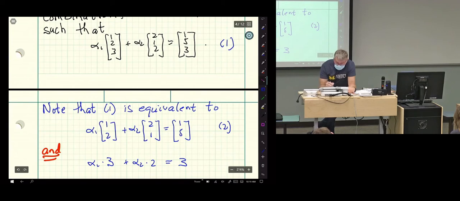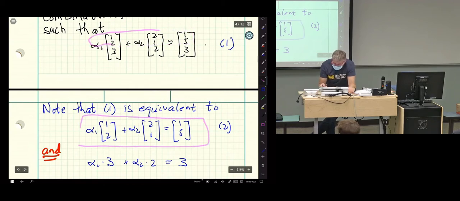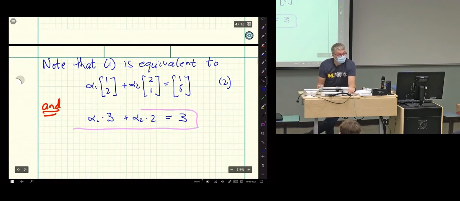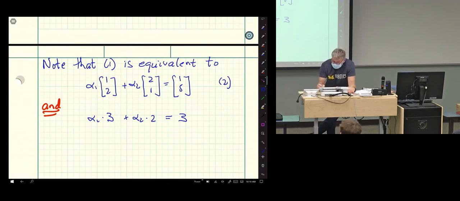Not really, okay? I have 3 equations in 2 unknowns. That's the same thing as looking at 2 of the equations, which is what I've written down here, and then separating out the third equation, okay? It's the same set of equations. And we'll call this 3.